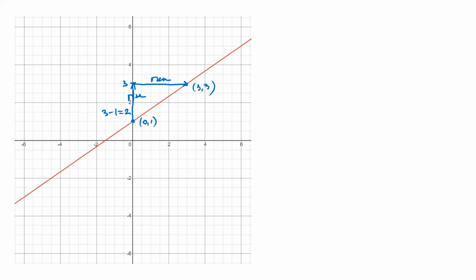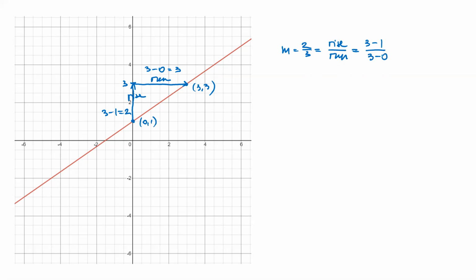And the run, which is 3, is actually equal to the difference of the x coordinates of my points, right? 3 minus 0 equals 3. Okay, so remember the slope was 2 over 3, right? And we labeled 2 as the rise, and we labeled 3 as the run. And we said the rise was equal to the difference of the y coordinates, 3 minus 1, and the run was equal to the difference of the x coordinates, which was 3 minus 0.